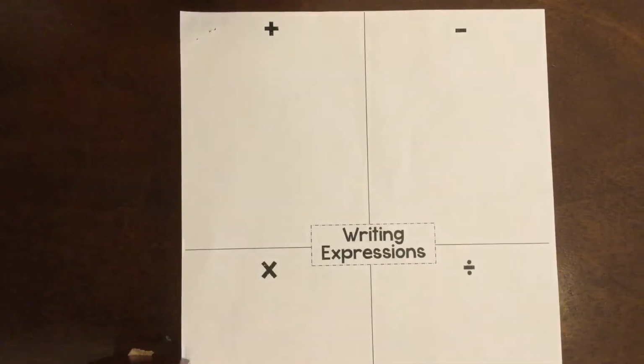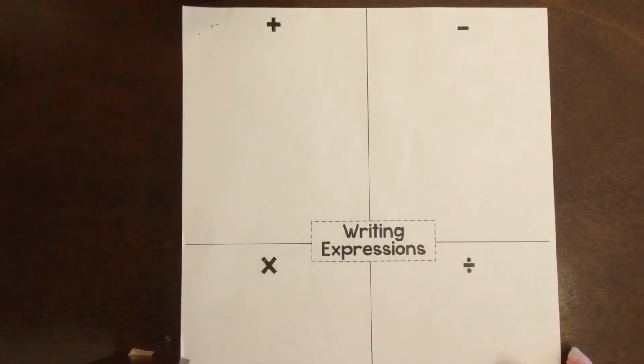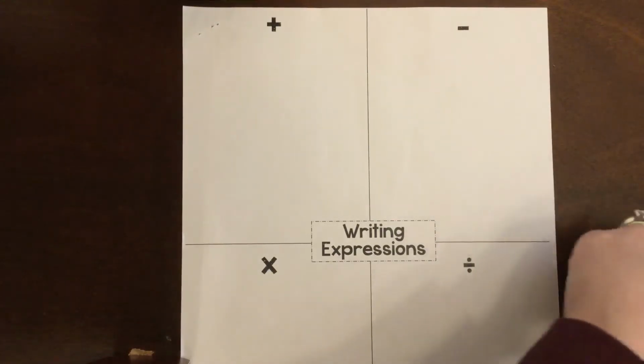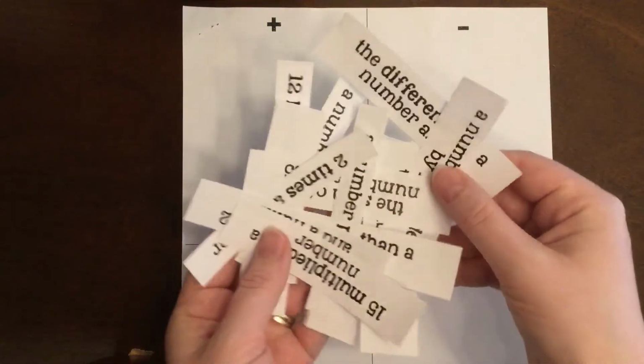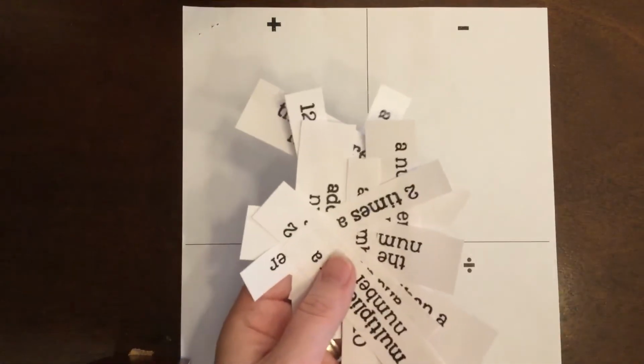I just wanted to do a little activity with you, to review writing expressions and which keywords symbolize certain operations. You have a page with a whole bunch of expressions in words, and you just need to cut them all out. So this is all my expressions all cut out.